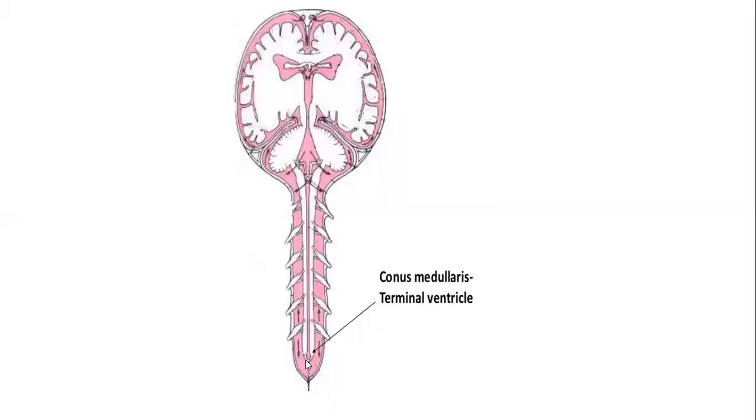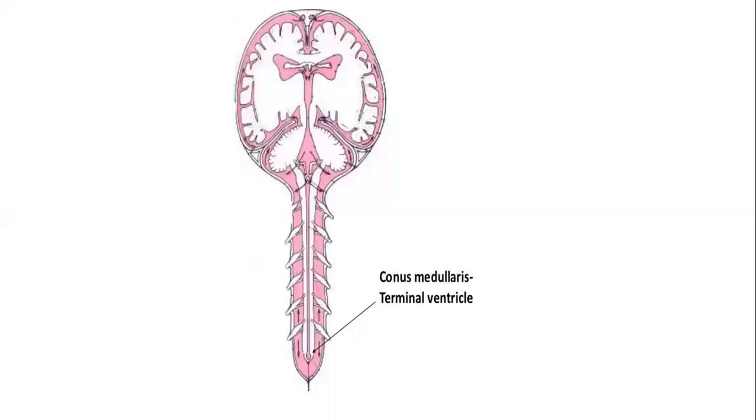Terminal ventricle along with the central canal above may continue for a few millimeters into the filum terminale. And what was filum terminale? Filum terminale was the extension of the pia mater from the tip of the conus medullaris till the posterior surface of the coccyx.